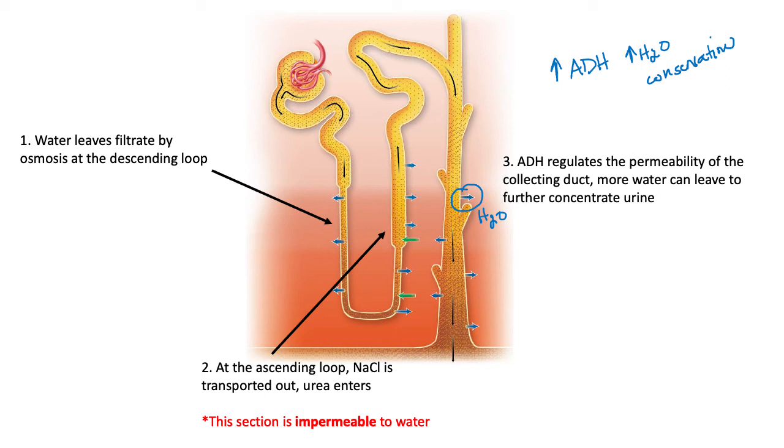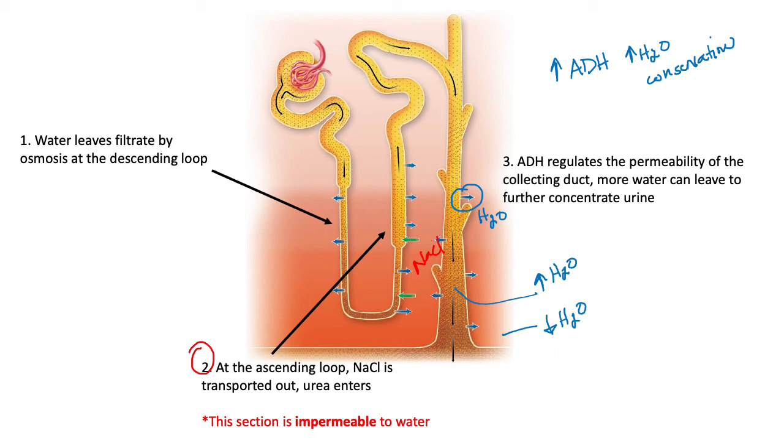Again, if the collecting duct is permeable, water is just following the laws of osmosis, where it's moving from high water concentration inside the nephron to low water concentration in that interstitial fluid. And that's where I want to take a second to go back to step 2. Remember the whole point of step 2 is to really pump NaCl out of the nephron and into the interstitial space.